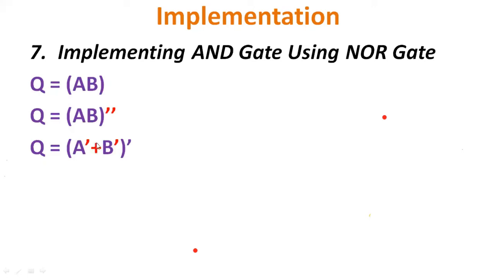To implement the AND gate, a bar can be formed as a single NOT gate using NOR gate, and b bar can be formed as a single NOT gate using NOR gate. Finally both these inputs are given to a NOR gate. This plus indicates the NOR gate input, and the last bar indicates the bubble of the third NOR gate.